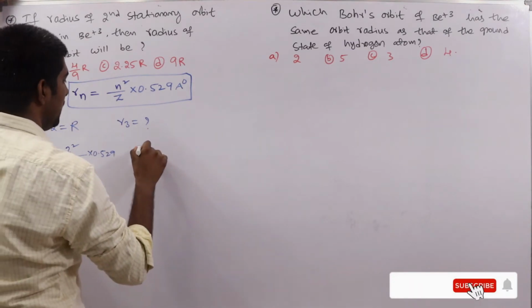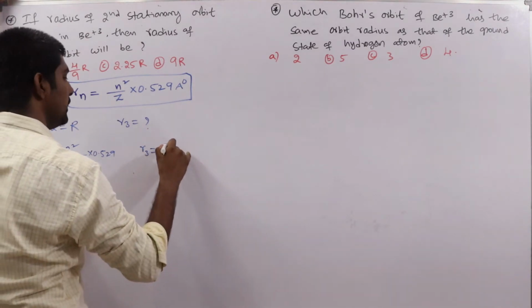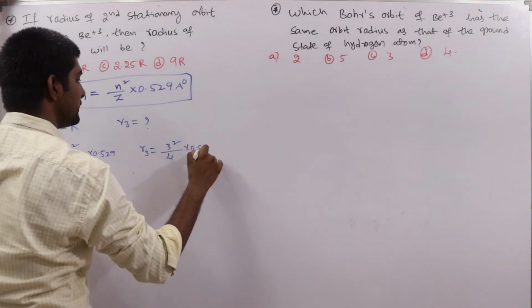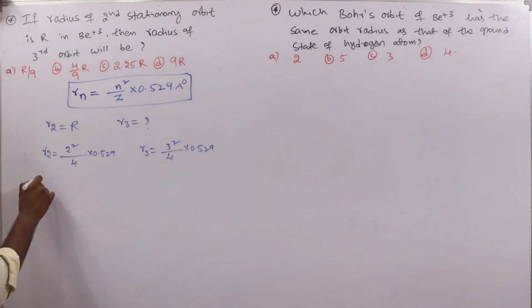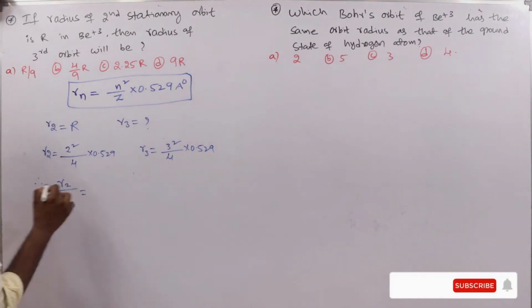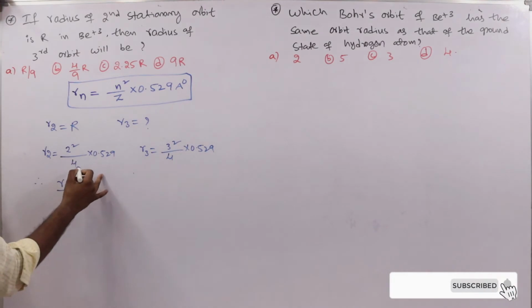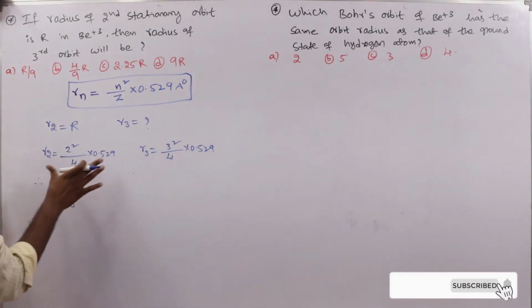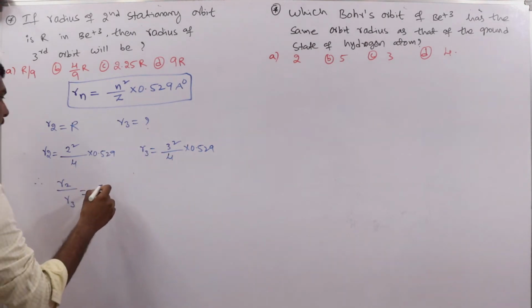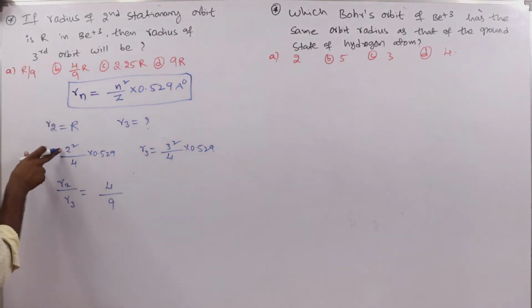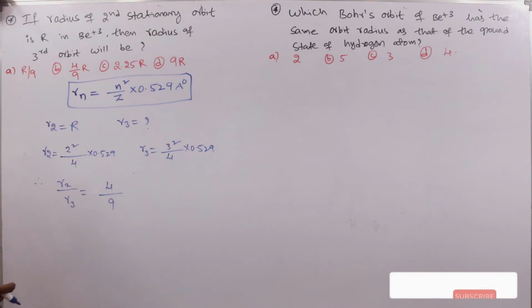Next, r3, 3 square by Z is how much? 4, because we are discussing the same species. Therefore r2 by r3 is equal to 4 into 0.529 over 4 into 0.529 times 9 - the 0.529 is the same in both expressions, so they will get cancelled. So finally here we have 4 by 9. 2 square is 4, 3 square is 9. Yes or no? This will come in the denominator here.